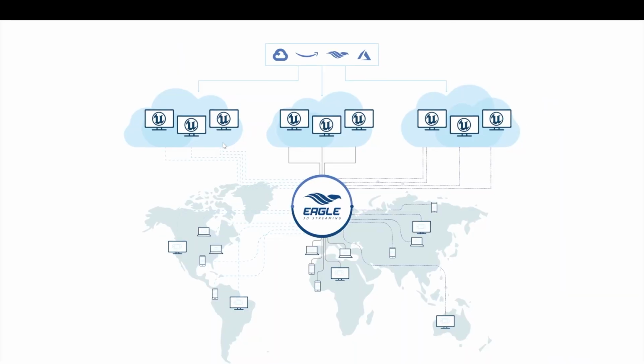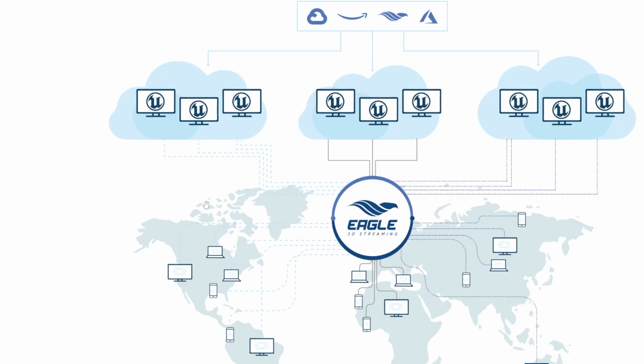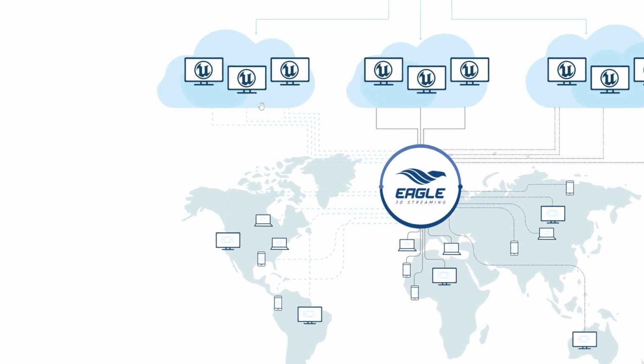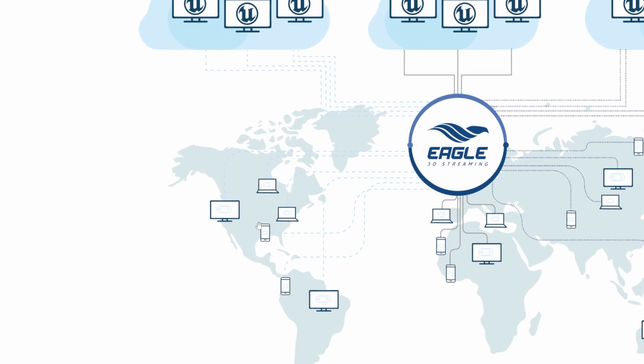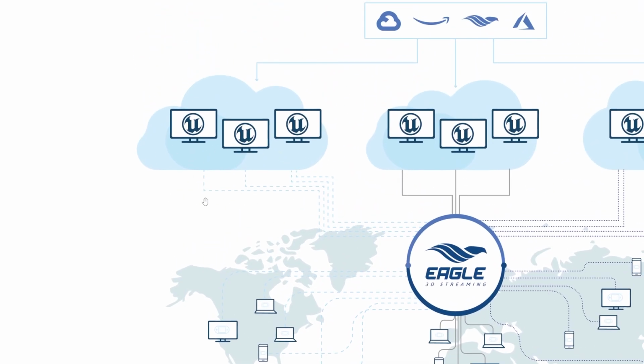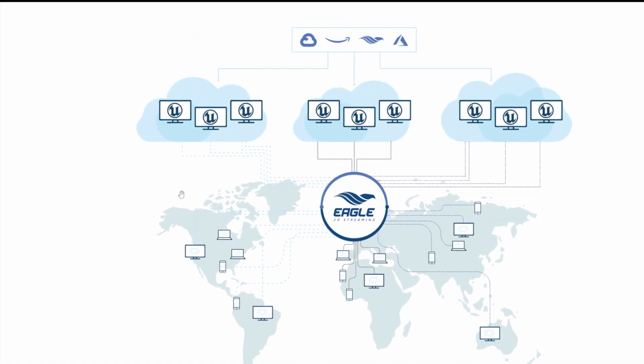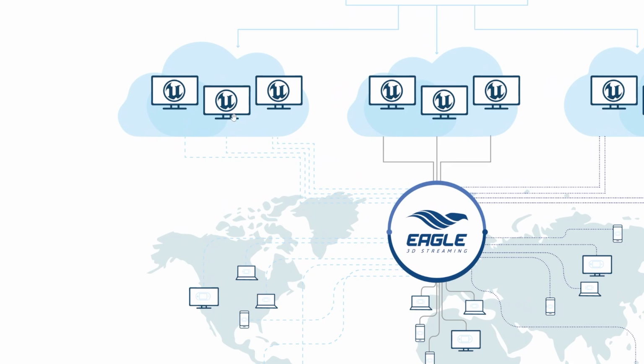The way that we can improve latency is by selecting servers that are closest to our end users. For example, let's say that our end users are located in North America, then it would be best to place a server in North America because the round trip time of the stream will be less, so our latency for the experience is going to be less.